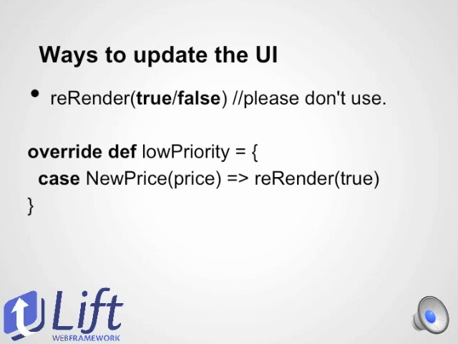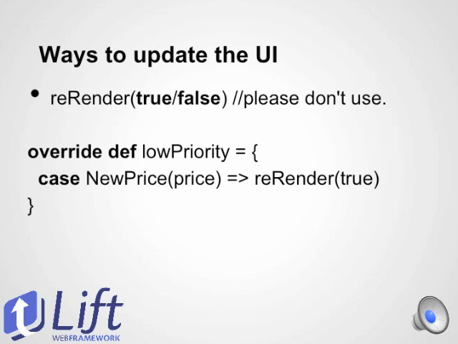When you include a Comet in your template, you deal with it the same as with snippets: you open the tag for the Comet, you have some HTML, and then you close the tag. So reRender will generate JavaScript to recreate all that HTML. It'll be a lot of data going to the browser, and over time that will be pretty slow. So we really try not to use that, but you do have the option.